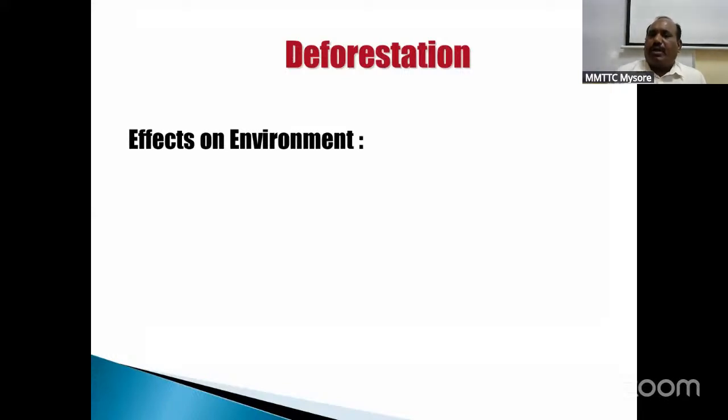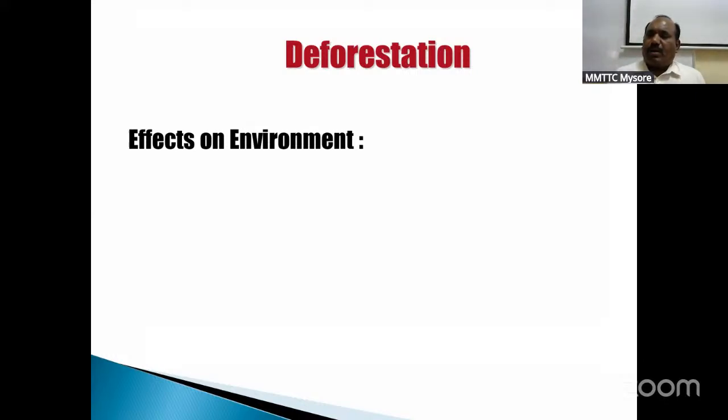A major part is deforestation. At present, the Indian population is 146 crores, 41 crore. If you calculate the forest area requirement for this, we need 30% of forest area. As on today, we have only 21% of forest area.